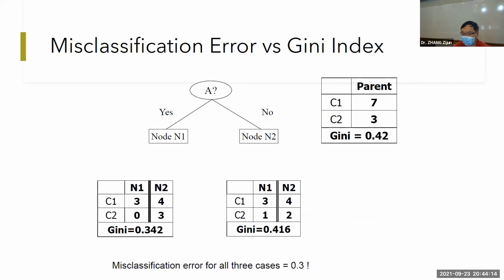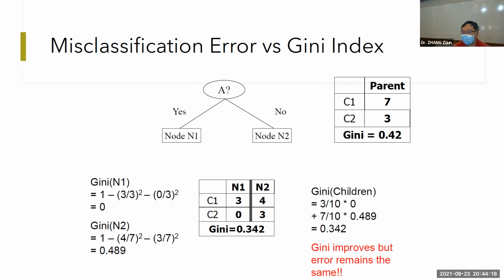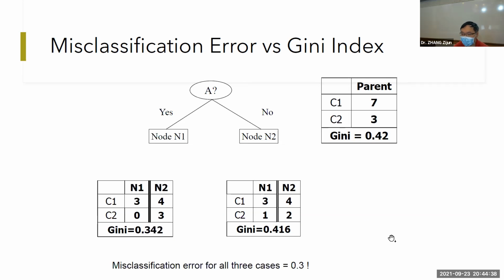Okay, I actually probably missed the slides which talk about the misclassification error based on this kind of case. Basically we want to show that the misclassification error in this case cannot distinguish well, but the Gini index can.